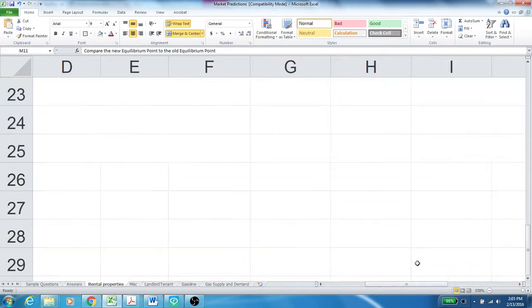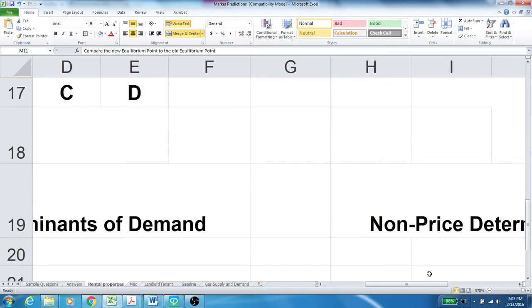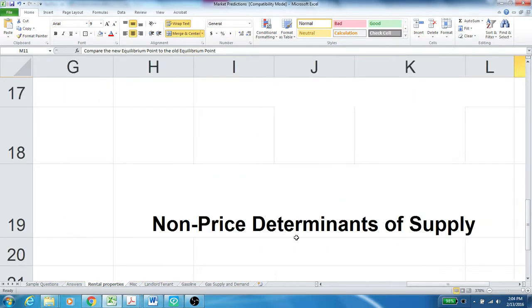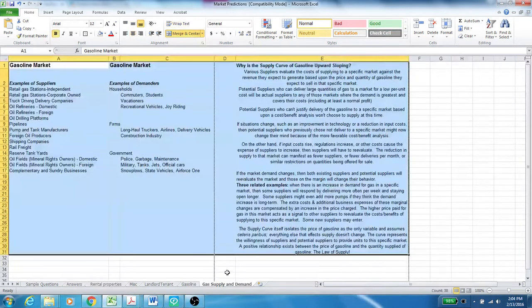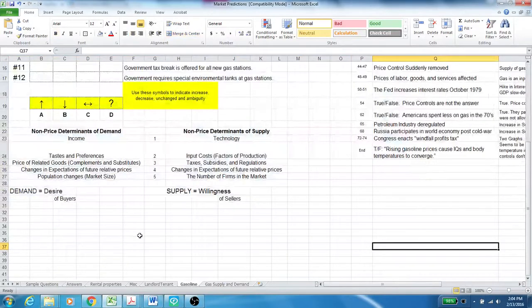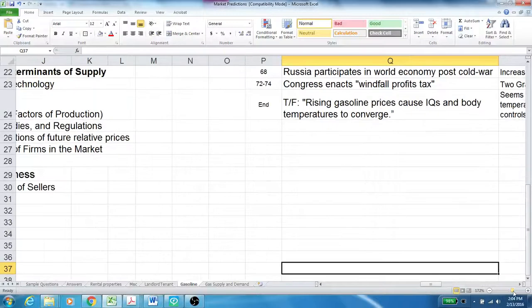Now, when you are thinking about the shifts in demand and supply, you want to consider that there are non-price determinants of supply and also non-price determinants of demand, things other than price that cause shifts in supply and demand. Those are highlighted here on this list.